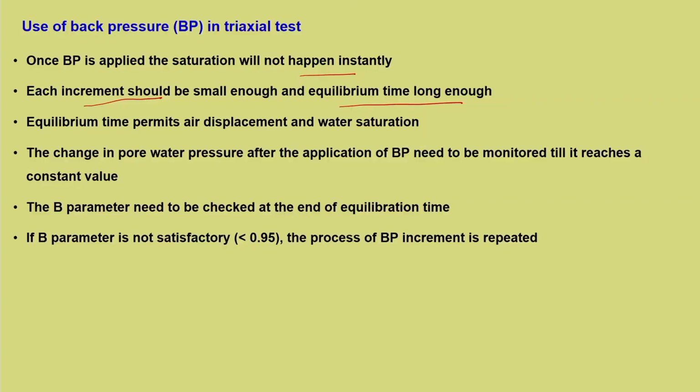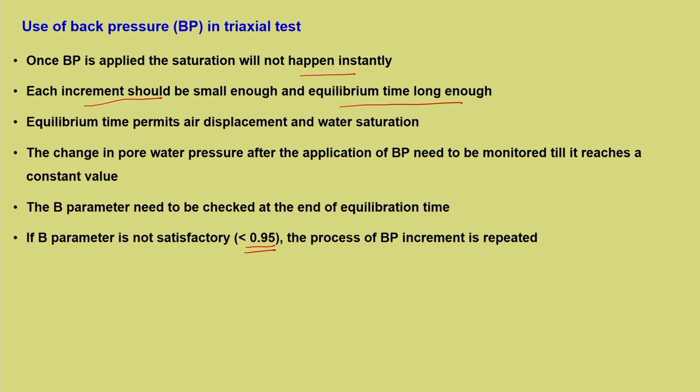So, with back pressure application and cell pressure application simultaneously, we will measure delta U and delta sigma 3, and check the B value. As a rule of thumb, it is considered as 0.95. So, anything above 0.95 you can treat it to be saturated, but if it is less than 0.95, it is an indication that the saturation has to be made.